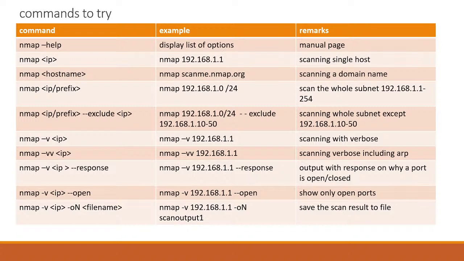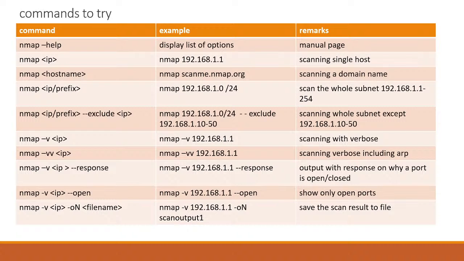It would report a closed port if it gets a reset acknowledgement message from the target machine, and if it does not get any kind of reply from the target machine, it assumes that there is some kind of firewall which is preventing these types of messages coming out. So that's filtered. These are the three things we have to understand in NMAP: open, closed, and filtered.